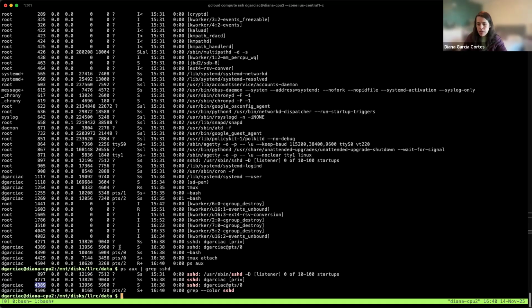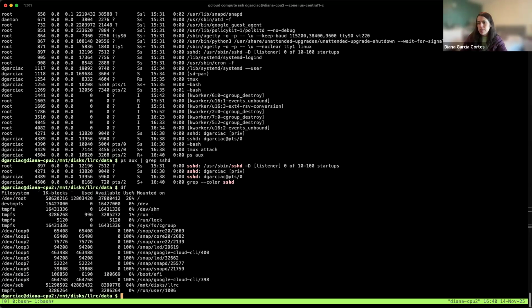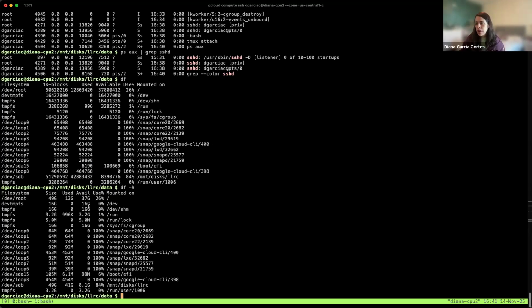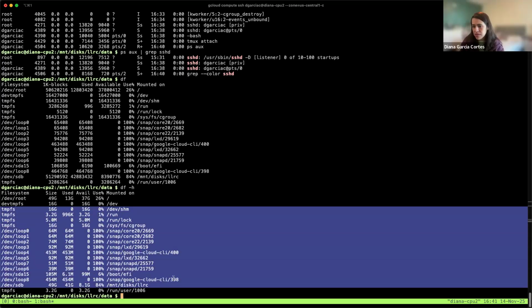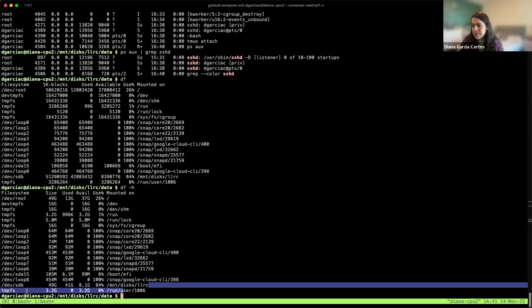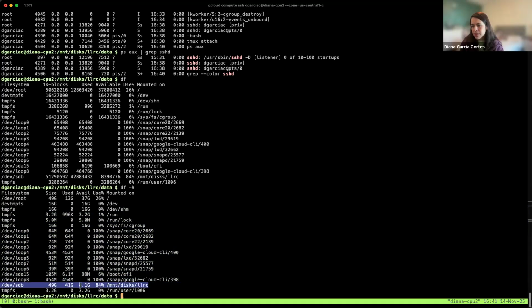Then the book also talks about df, and that one lists all your disks and how they're being used. In this case, I don't know what Google does and why it has that many disks, but this is the disk that I'm using, and this is the disk that I'm paying for. You can ask for a specific disk, and I'm sure it's the same in AWS.